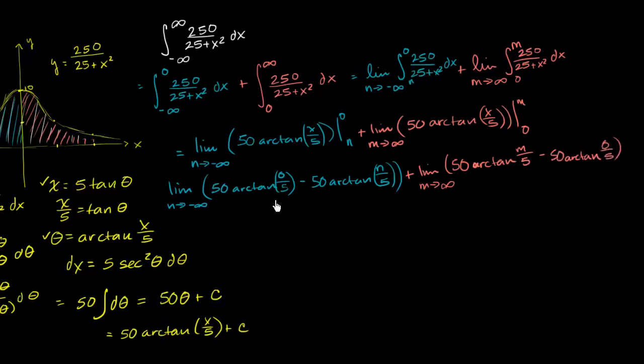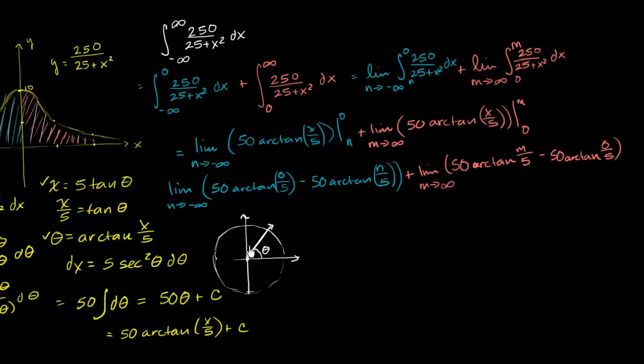To help us evaluate them, let's think about a unit circle so we can really visualize the arctangent function. One way to think about the tangent is the slope of the line that helps define the terminal side of an angle. For example, if we have an angle between the positive x-axis and this line right over here, the tangent of that angle is going to be the slope of this line.